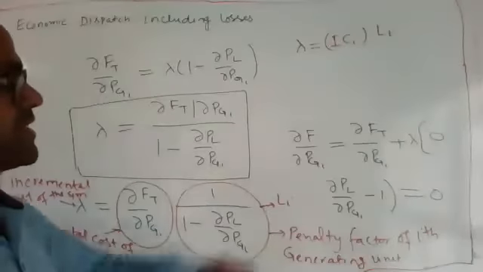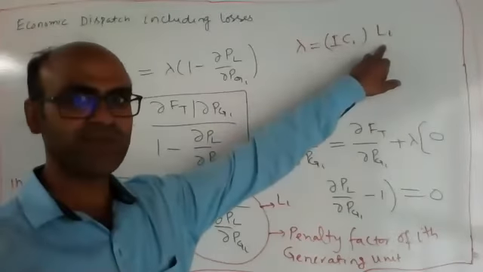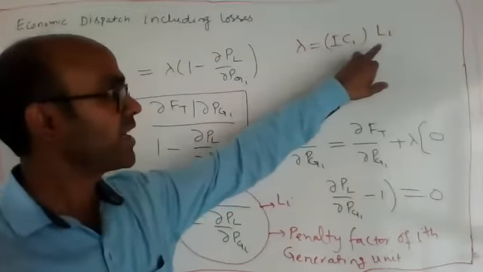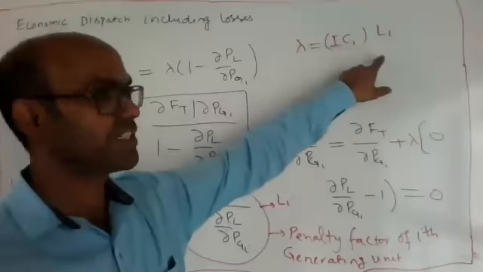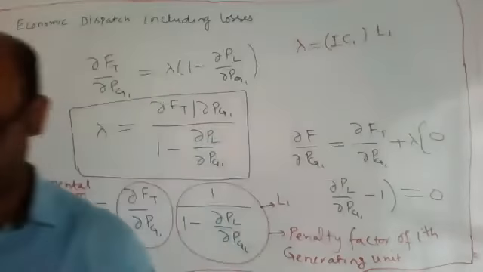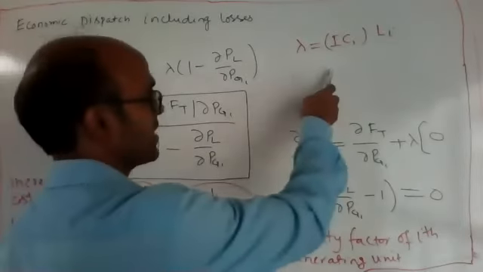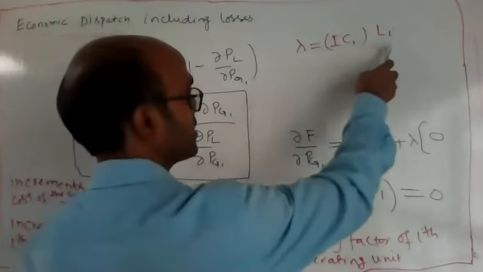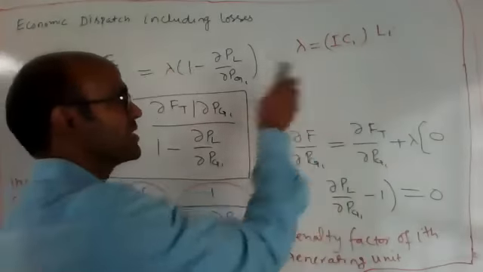So if I increase this transmission cost, then penalty factor will get reduced, and if I decrease this, then penalty factor will increase. Okay. So you can analyze from here. If you are increasing generation, then the penalty factor is going to decrease.